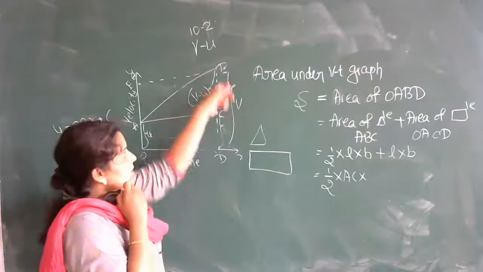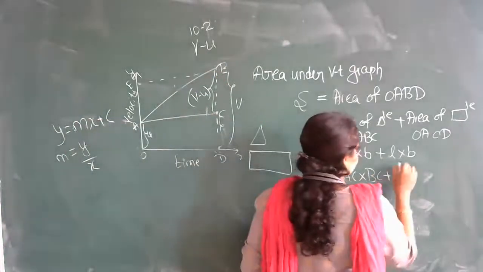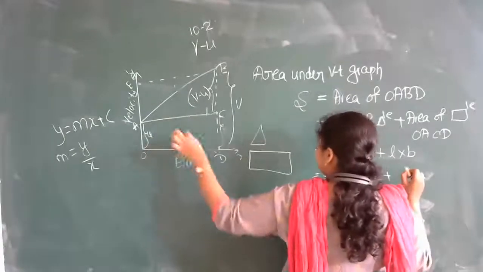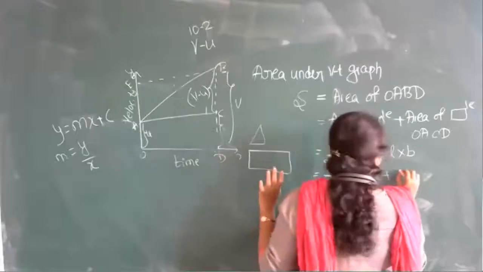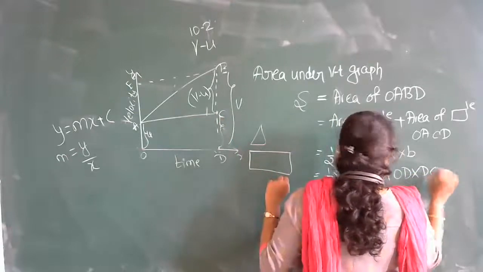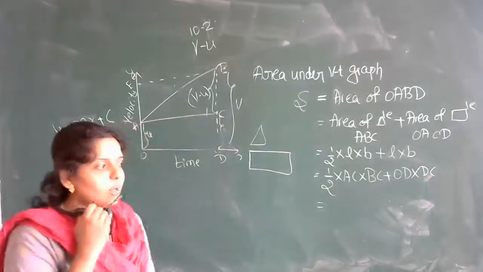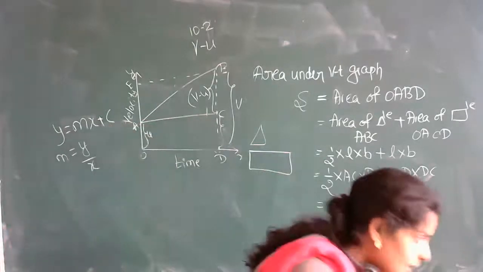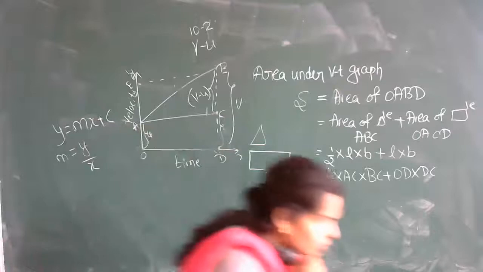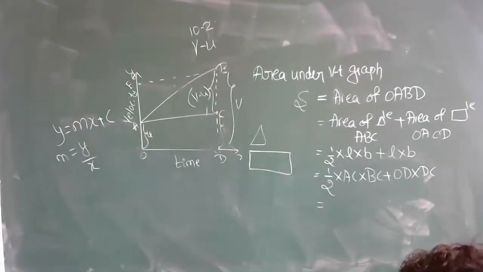Then next, this is BC. Plus, so in the rectangle, length into breadth is OD into BC. Just substitute all the values from the labeling.